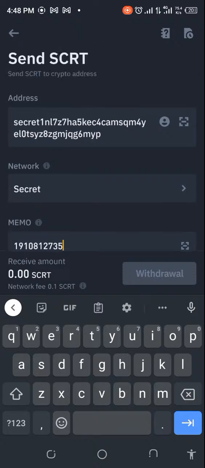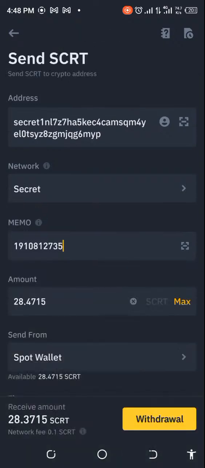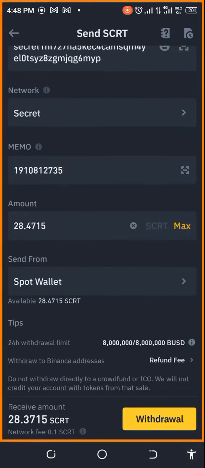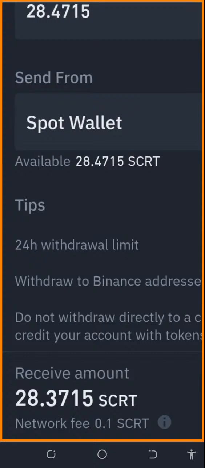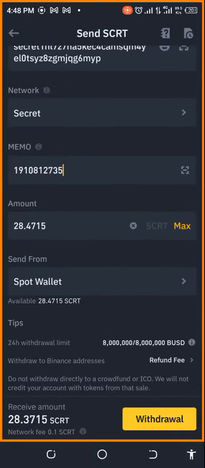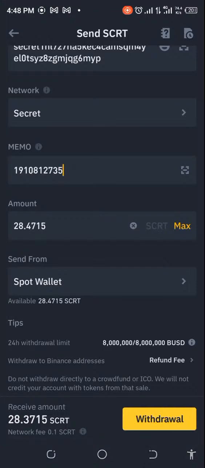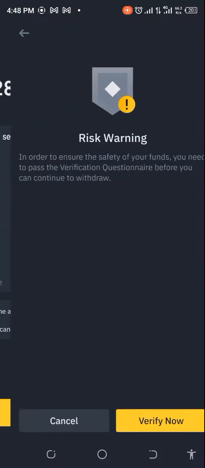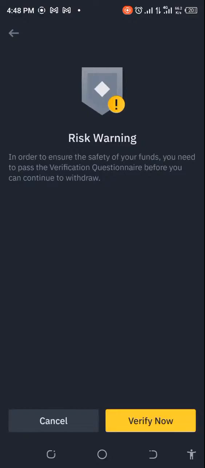Okay, so now we're going to take up everything that we have here, and you can see we already have that is taken. The transfer fee is 0.1 SCRT, which is like 8 cents, which is still on the safe side. It's okay, so we're just going to go ahead and withdraw. Okay, it's telling me to do my verifications and to confirm whether I want to withdraw this. Okay, I'll do that, and then we'll be back.